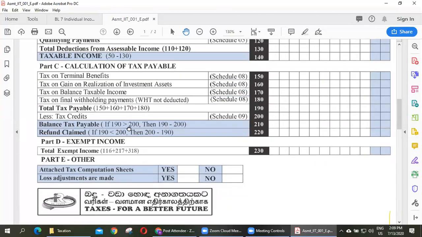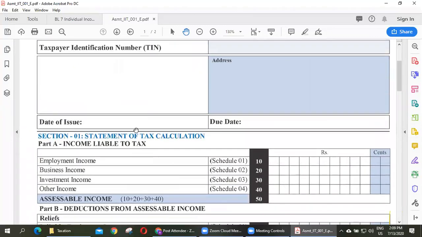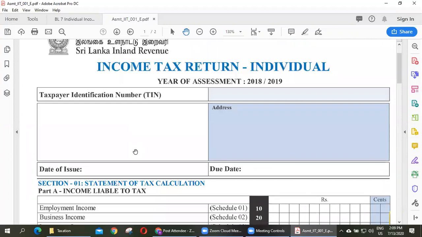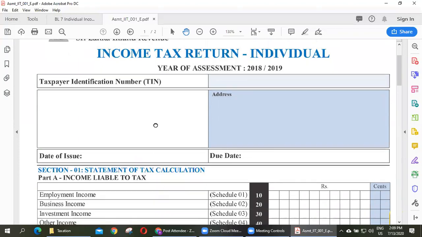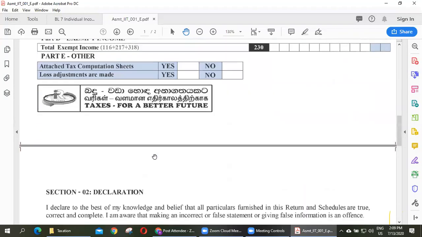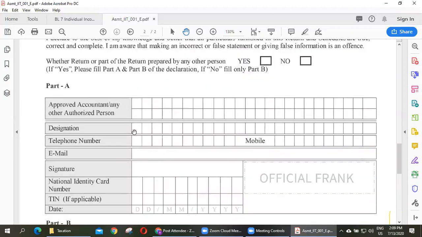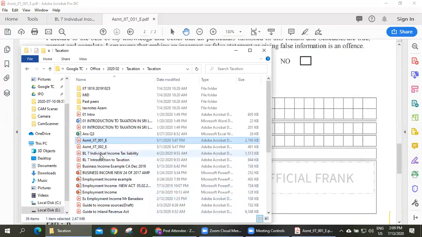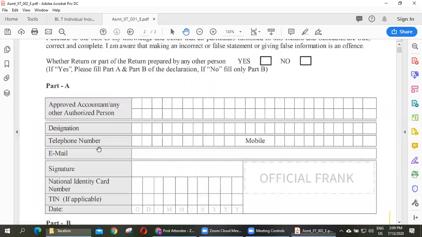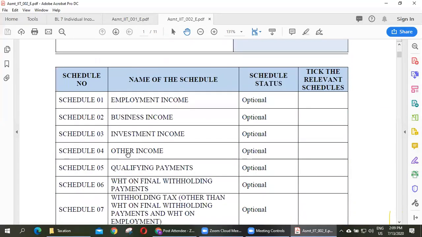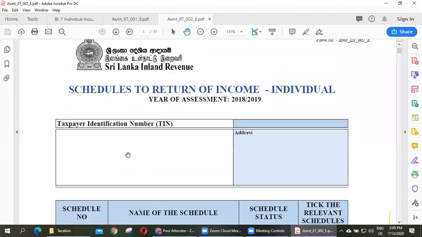So this is the form all taxpayers should fill and send to the Department of Inland Revenue. And there are schedules.